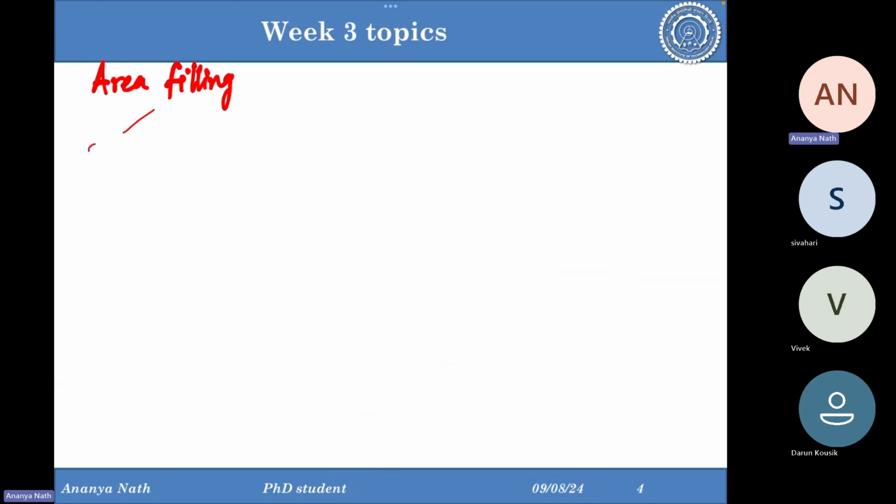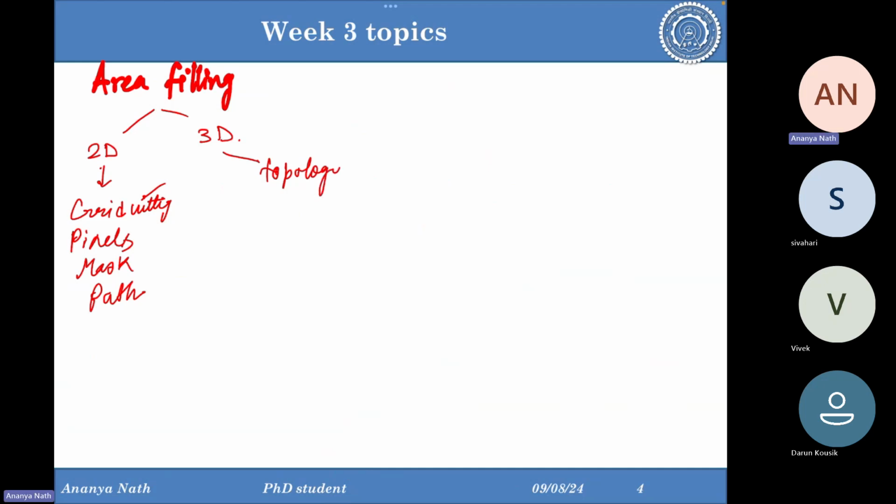In area filling, that can be 2D or 3D. In 2D, it can be like using grid cutting, and then pixels, mask, path, somewhat like this. And in 3D, it can be topology optimization.